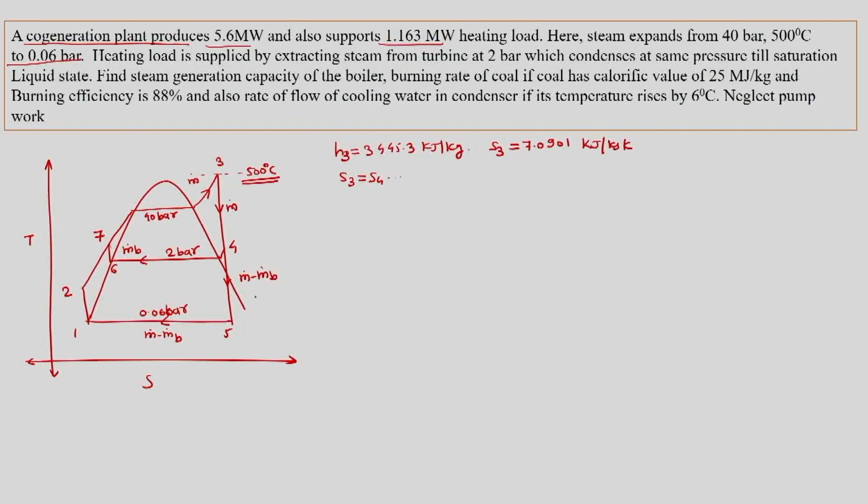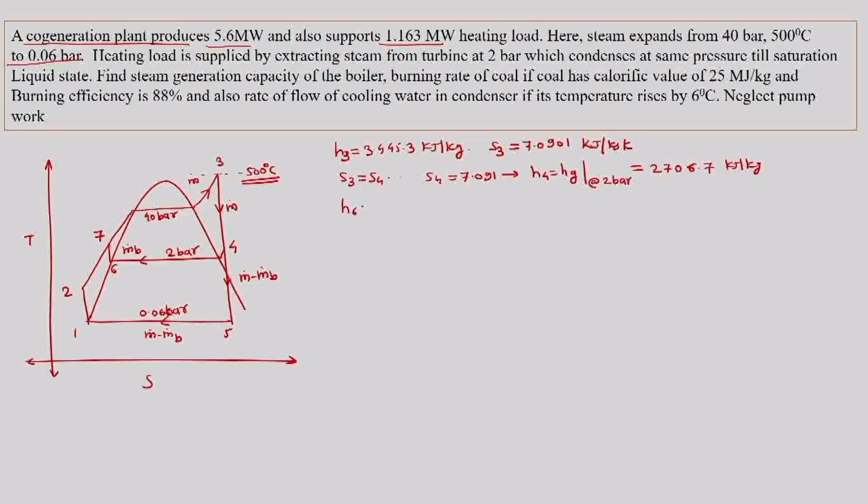X4 happens to be practically on the saturated vapour line, so we have S4 equal to 7.091, and this gives us H4 equal to Hg at 2 bar, and this value is 2706.7 kilojoule per kg.